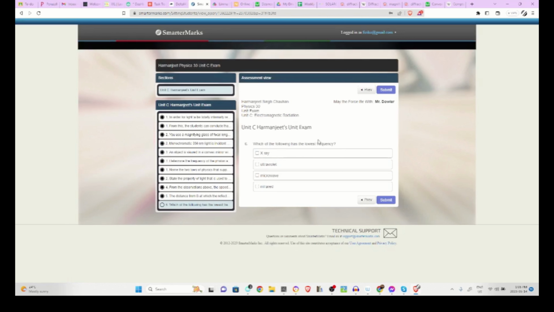Finally, which of these has the lowest frequency, that has the lowest energy? That is the microwave on this list. So now quickly checking our written response.